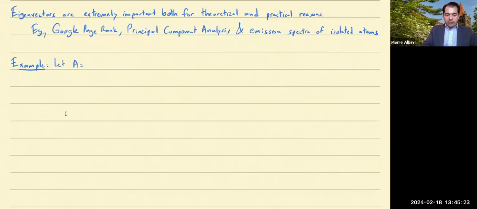Suppose we're looking at the 2 by 2 matrix A, with rows -5, -7 and 2, 4. And let lambda be just any scalar.